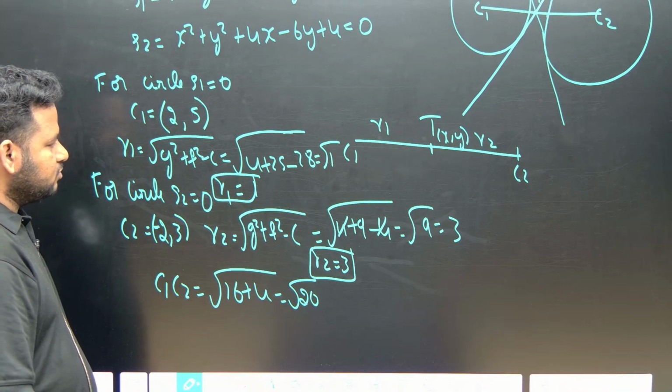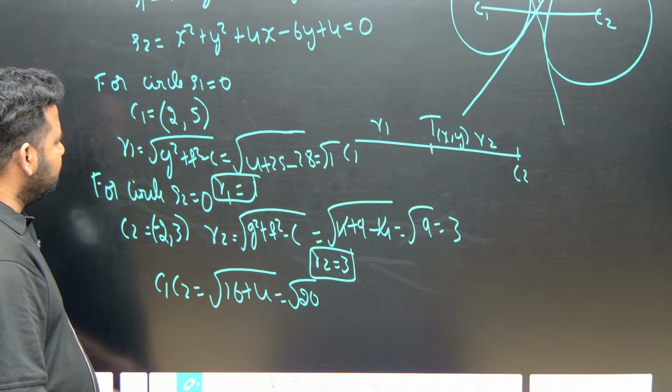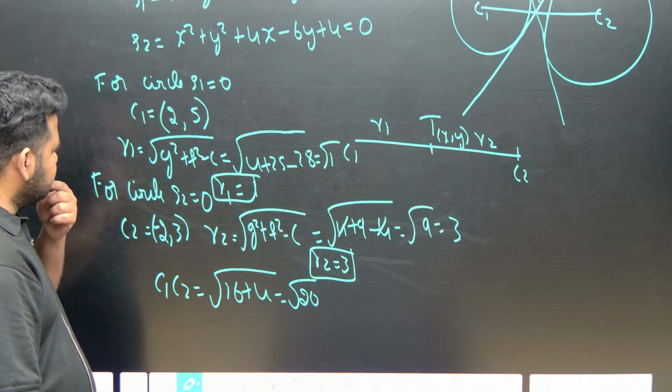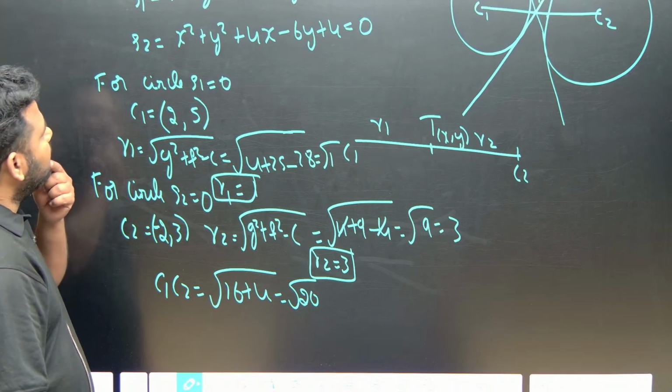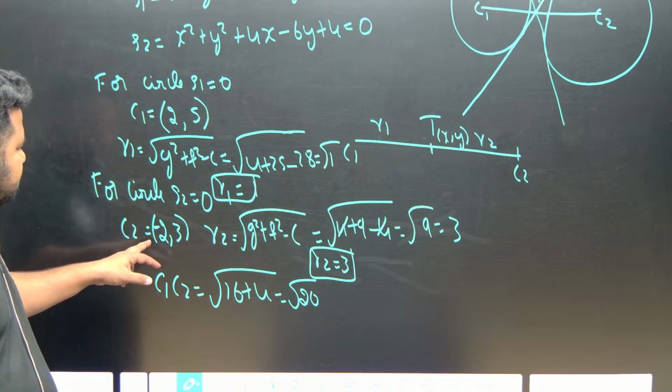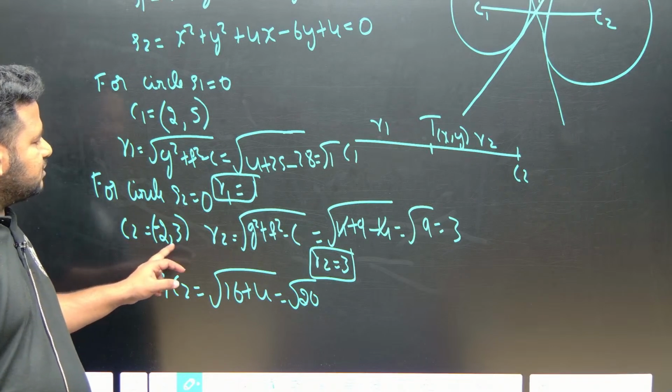So let us check C1 C2, the points 2 comma 5 and minus 2 comma 3. R1 minus R2 is what? 2.